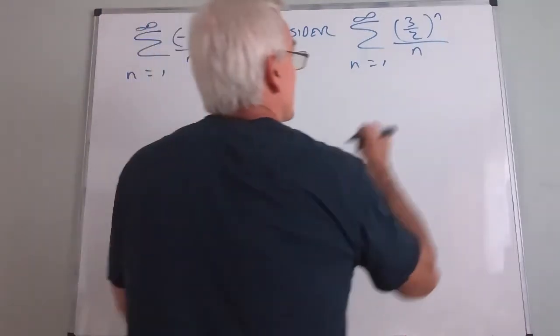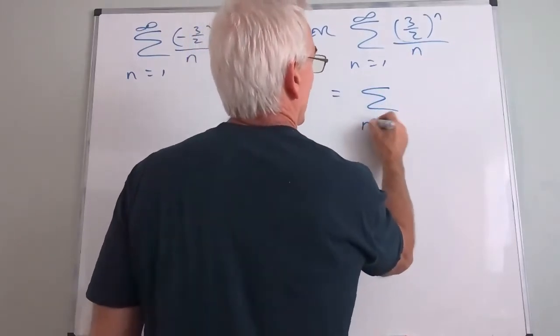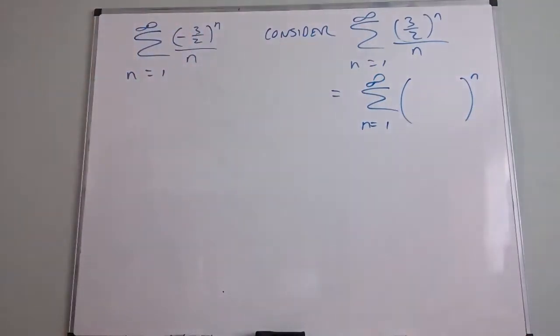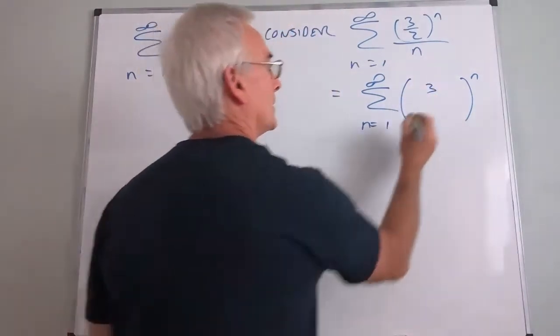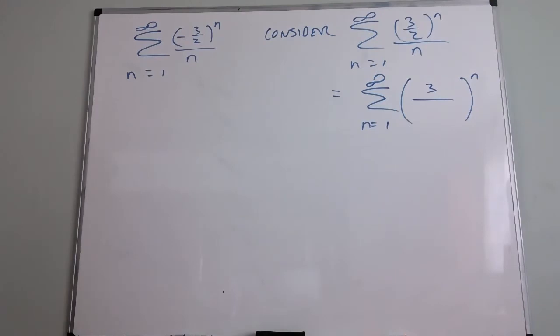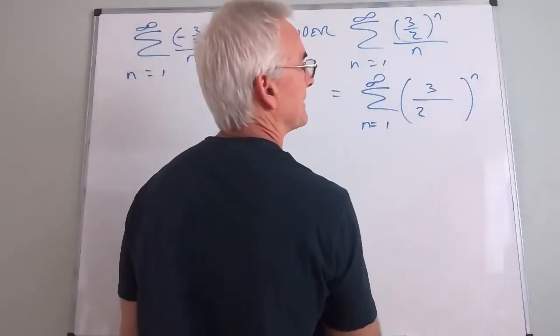So the first thing, before I do root, I now have to rewrite this so that it looks like that. Well, pretty sure there's a 3 on top. What's on the bottom? 2n.